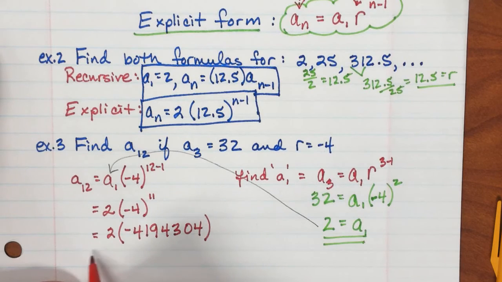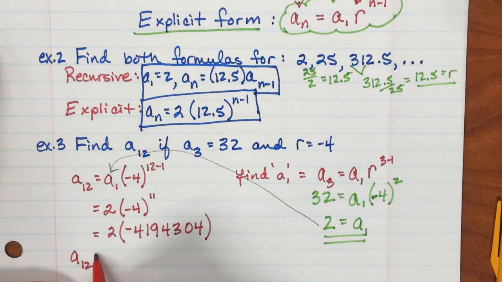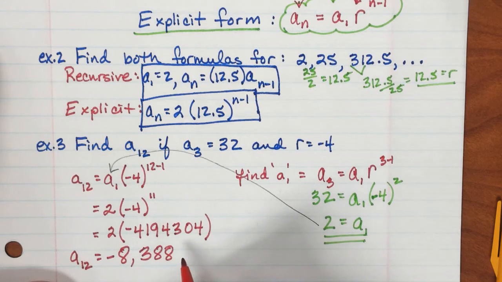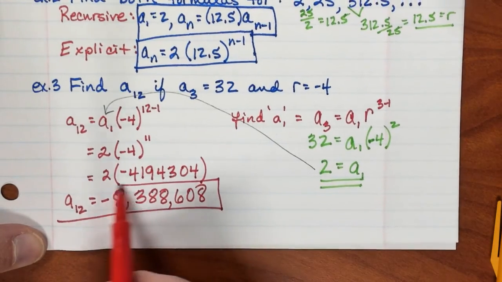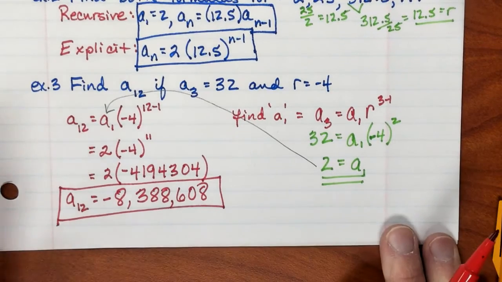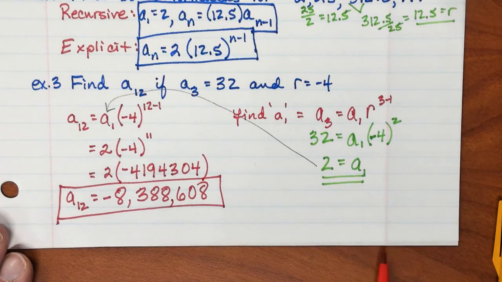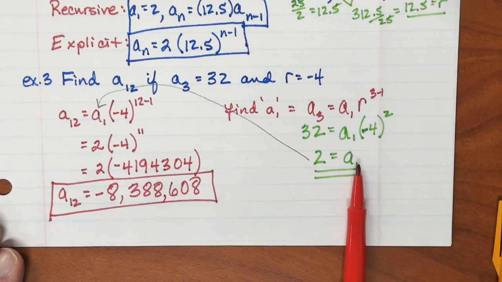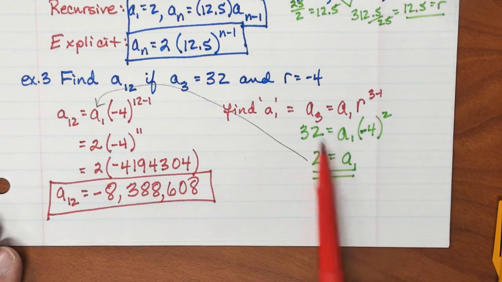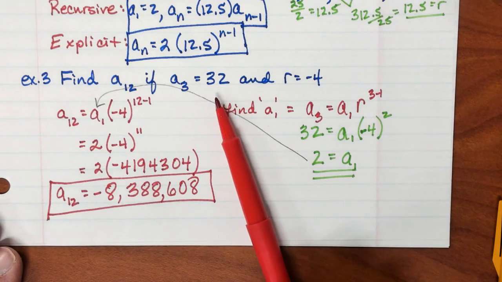And you double that, and the 12th term is negative 8,388,608. There you go. All right, so sometimes your problems are going to require you to do a little bit of research first with the value that you're given.